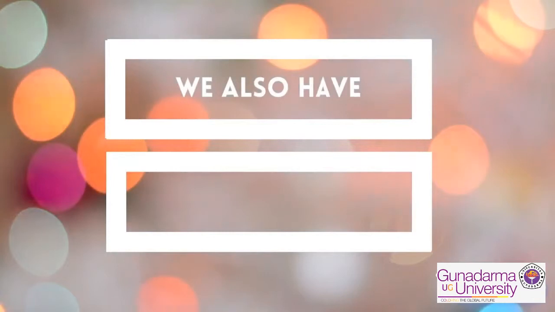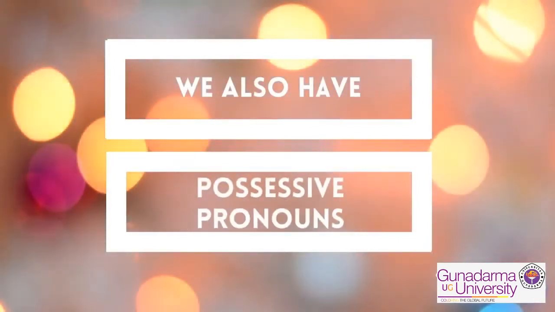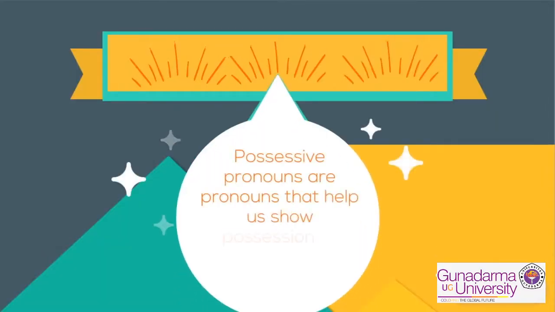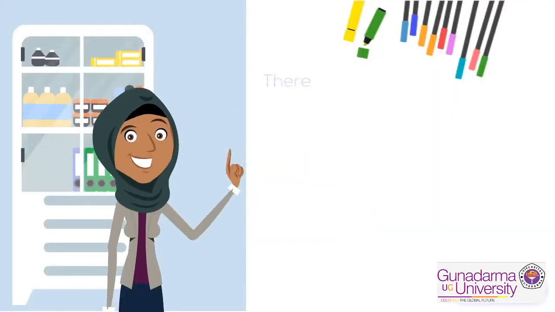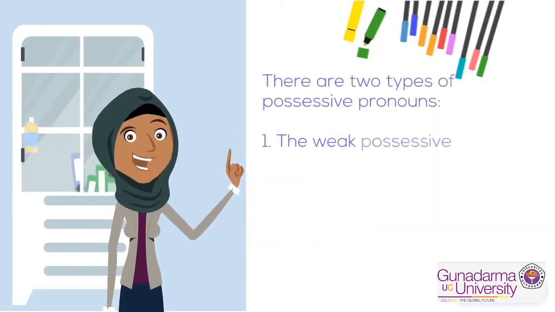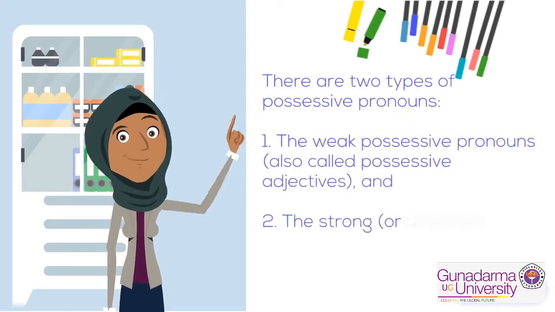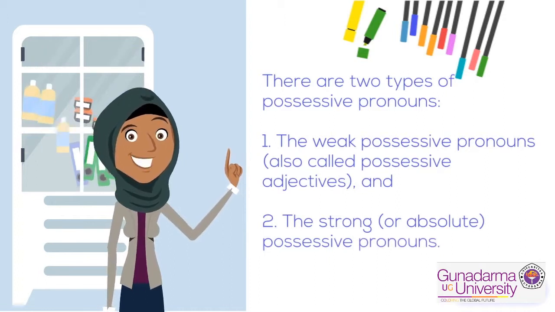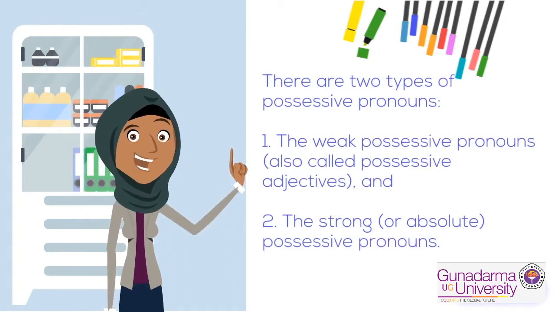We also have possessive pronouns. Possessive pronouns are pronouns that help us show possession or ownership in a sentence. There are two types of possessive pronouns: the weak possessive pronouns, also called possessive adjectives, and the strong or absolute possessive pronouns.